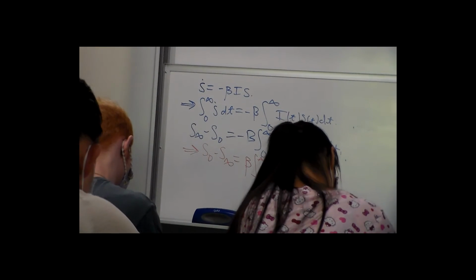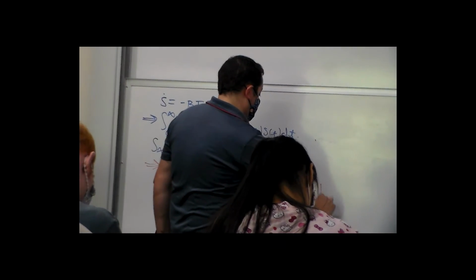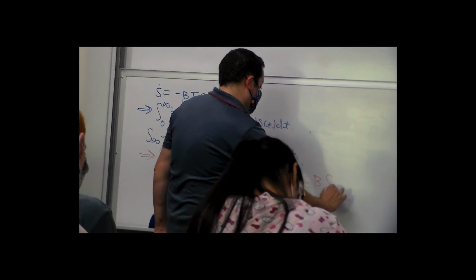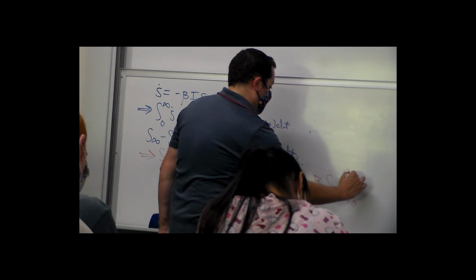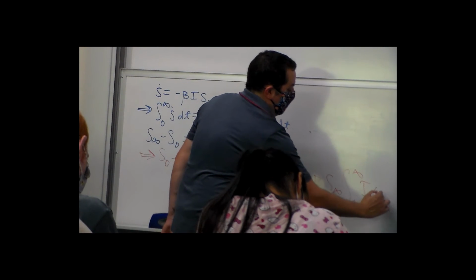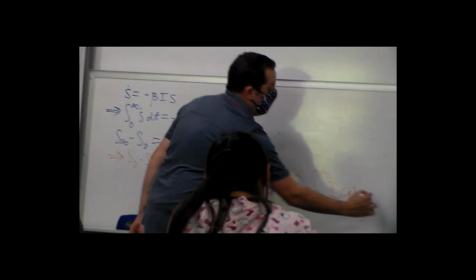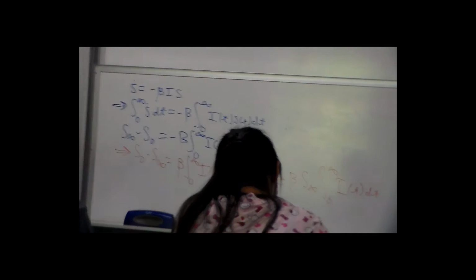Then I'm going to do something tricky, which is to say this is greater than or equal to beta times S infinity times the integral from 0 to infinity of I of t dt. So what did I do there?